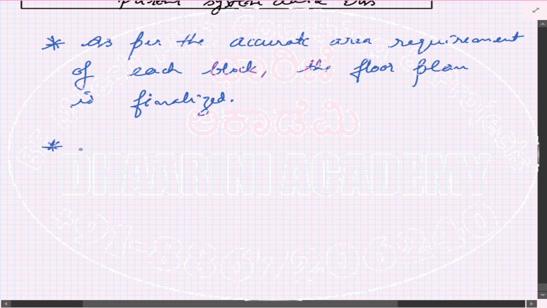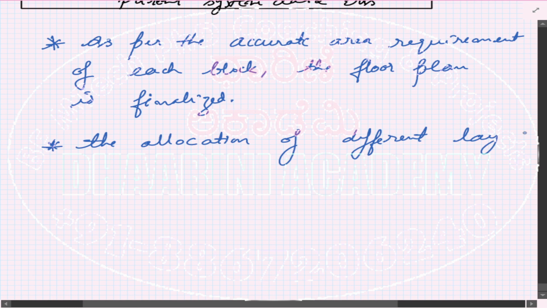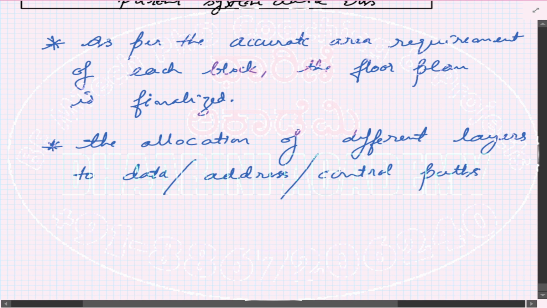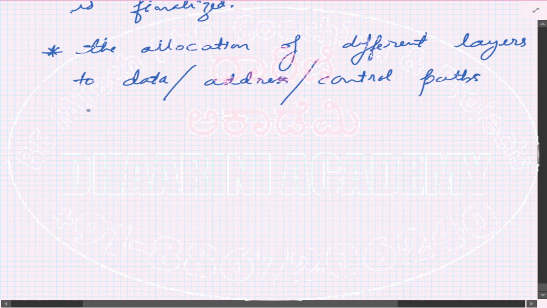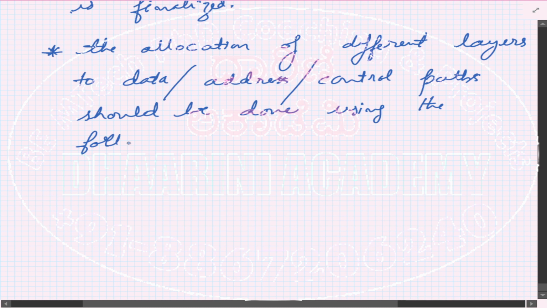Then the allocation of different layers to data or address or the control parts, allocation of different layers of these parts should be done using the following facts.